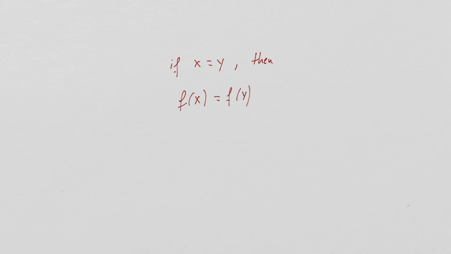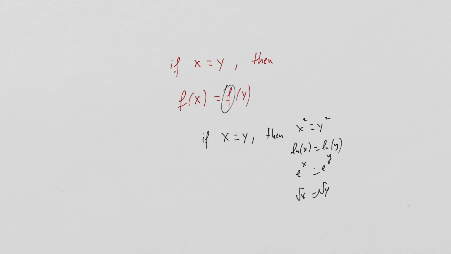So if x equals y, then x squared equals y squared. Natural log of x equals natural log of y. E to the x equals e to the y. Square root of x equals square root of y. You can introduce any function you want. It has to be the same function though, okay?